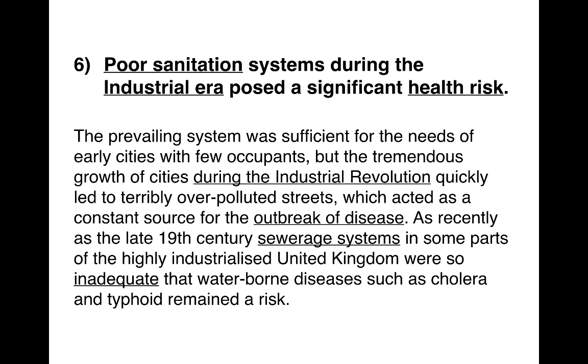Inadequate means poor, so we do know that they were poor sanitation systems, they weren't good enough, they were inadequate, and again the word risk comes at the end, so all of that together means that the answer is true.